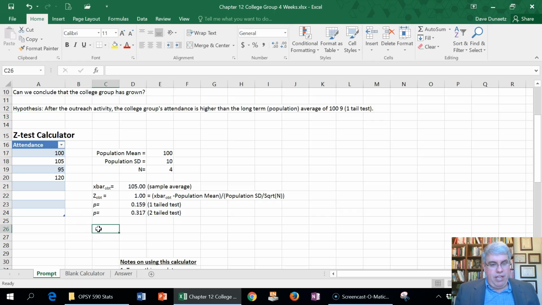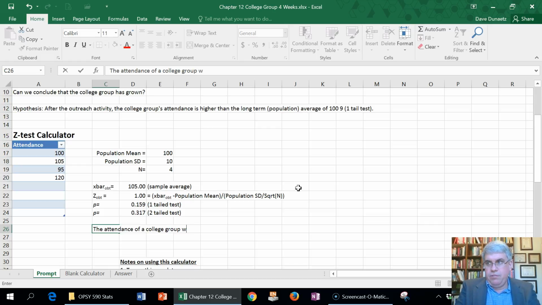So how do we write this up in standard APA format? What we can do is say that the attendance of a college group was measured on several Sundays, and we can say n equals 4.